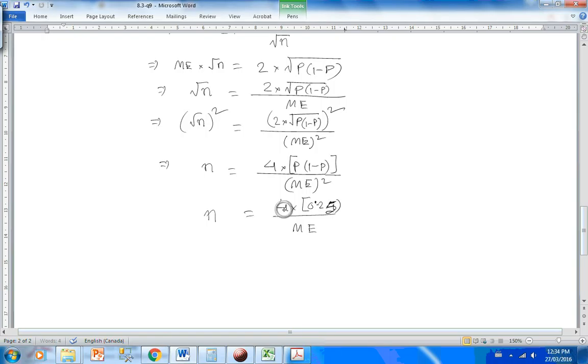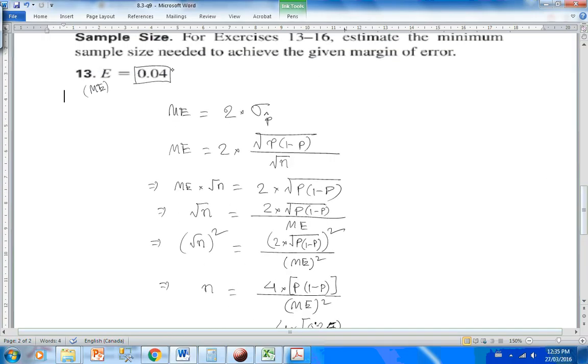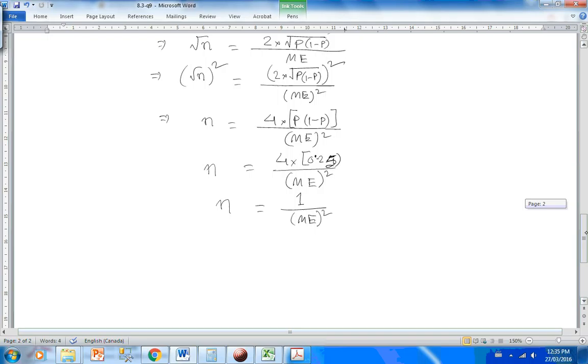Notice that 4 times 0.25 gives us a value of 1. Sorry, I made a mistake earlier: it should have been 0.25 there, and the denominator is margin of error squared. So 1 over margin of error squared gives me an approximate value of n, which I can use to achieve my desired level of margin of error.